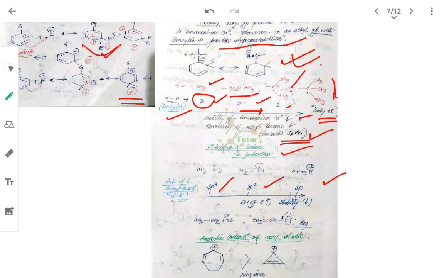The s character is increasing in this manner, electronegativity of carbon is increasing and stability is decreasing. Now, aromatic carbocations are very stable. This is propylium carbocation, very stable. Then this.